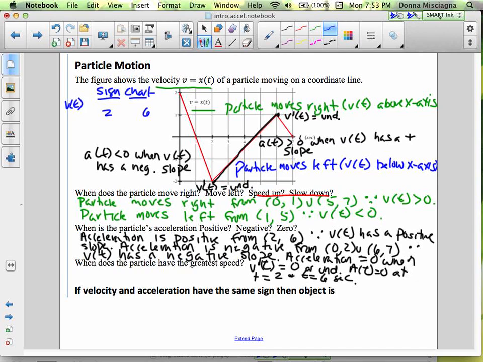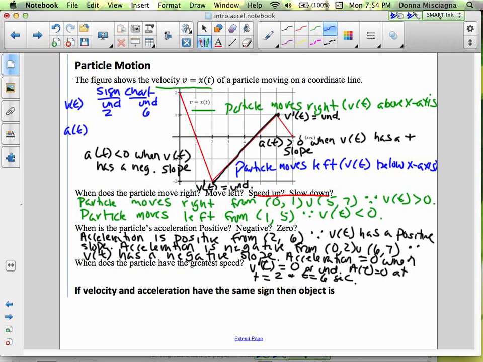And a of t has... it's a little hard to look at the critical points here.